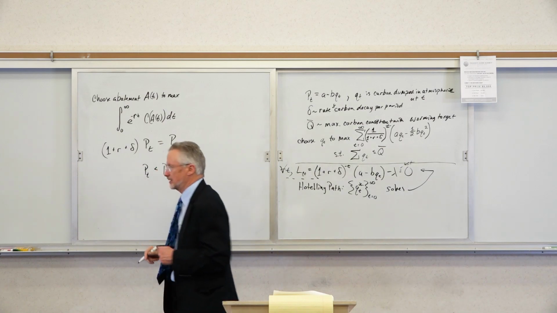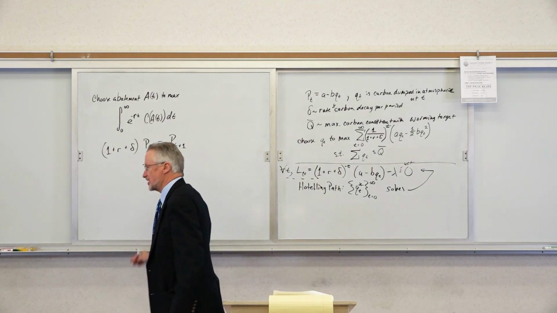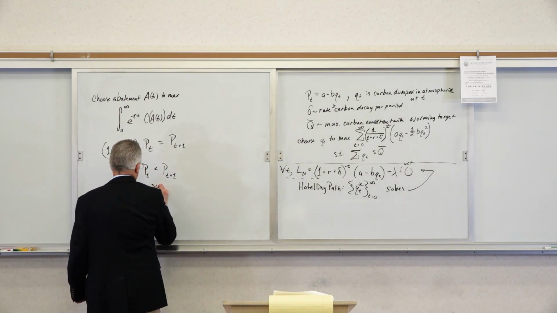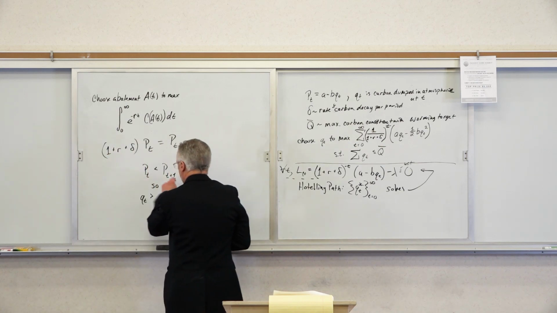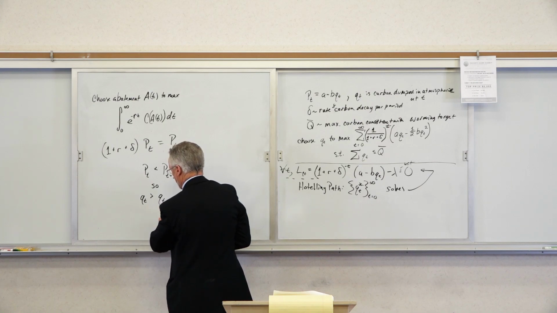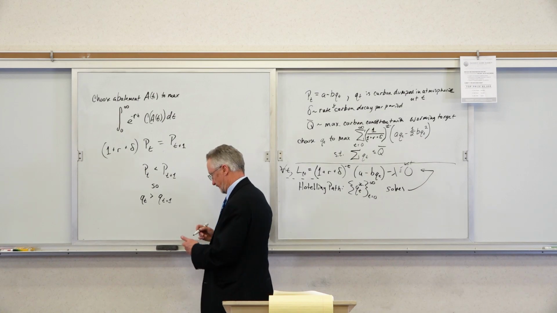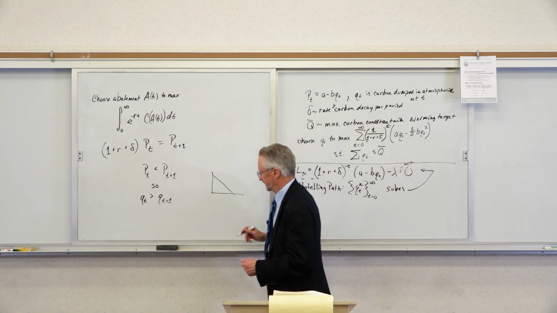Which one's bigger, Q_t or Q_t plus 1? If that one's less than that and they have an inverse relationship, it must be that, right? Right, okay. Because it's downward sloping.